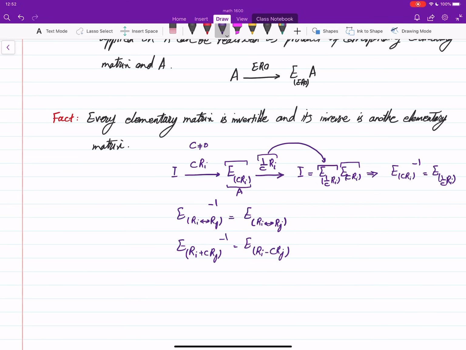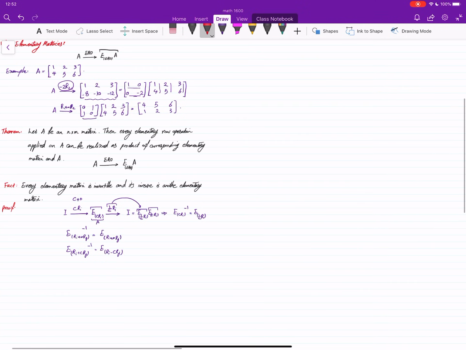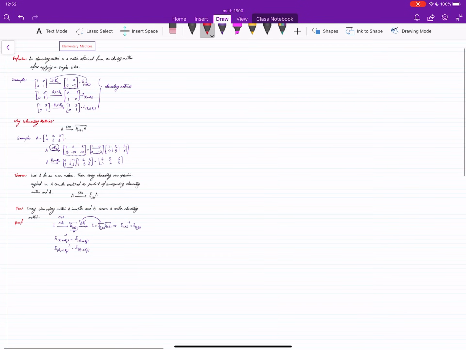So this is basically the proof. Every elementary matrix is invertible and its inverse is of that form itself, so it is an elementary matrix. We will use these elementary matrices when we're trying to work with the different notions of invertibility.